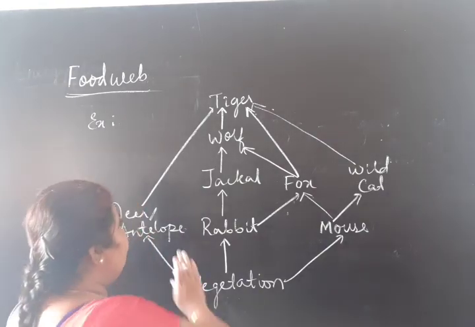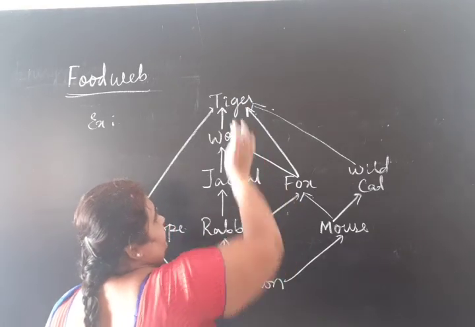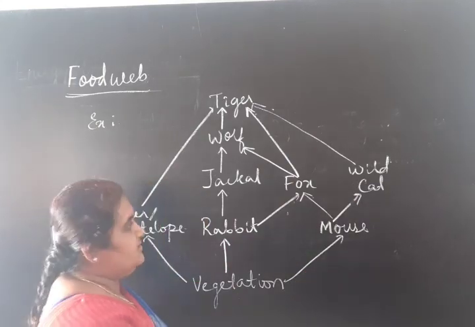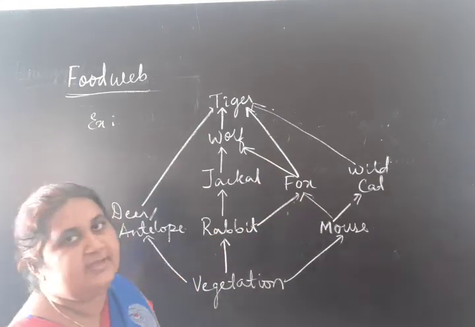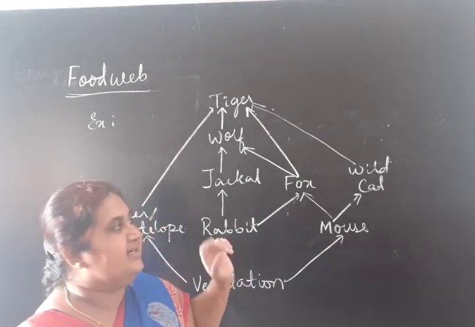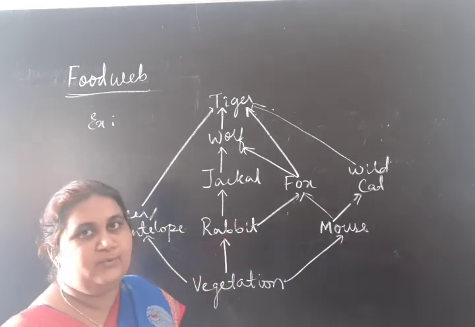So there are several food chains here: 1, 2, this is third, fourth, this is fifth, sixth. There are several food chains which are interconnected at several trophic levels to form the food web.